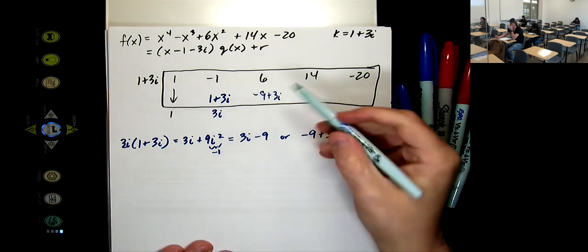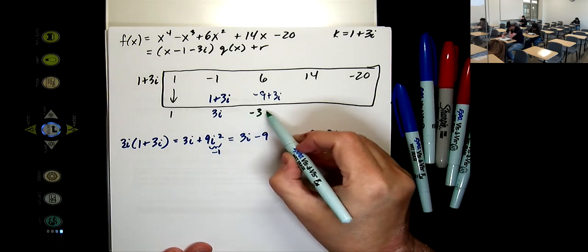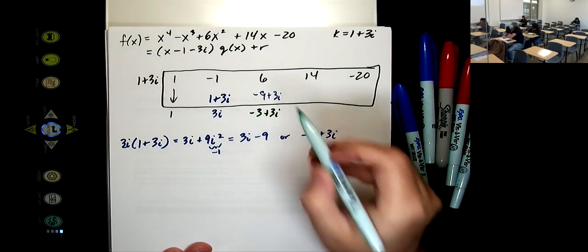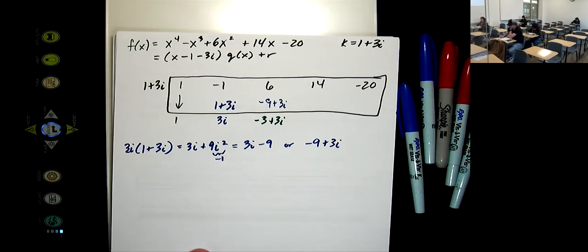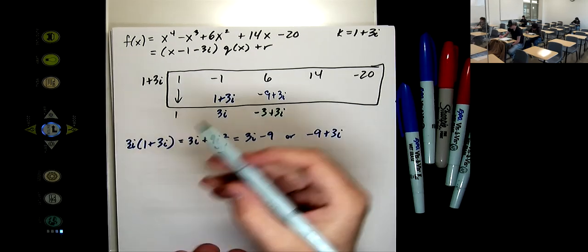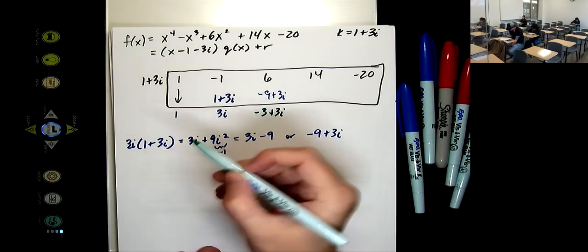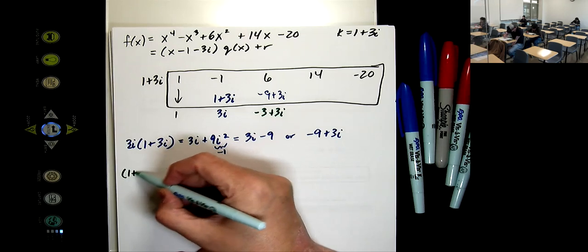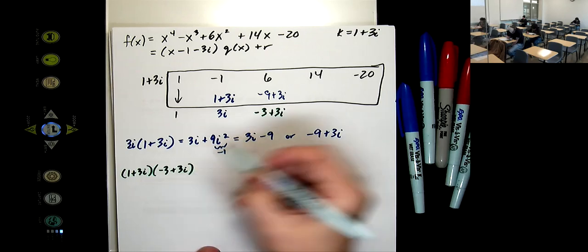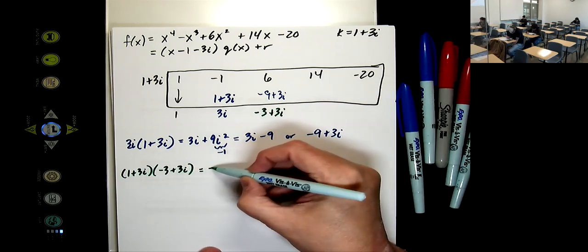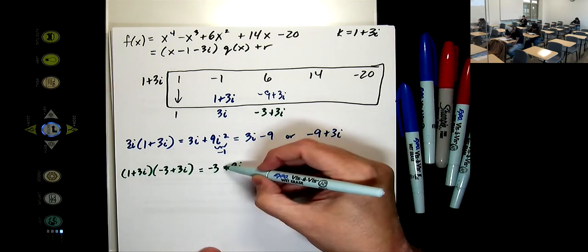All right, so we add here. 6 minus 9 is negative 3. And I still got the plus 3i. Now I gotta multiply this out. I got 1 plus 3i times negative 3 plus 3i. I got negative 3 plus 9i. Nope, minus 9i.